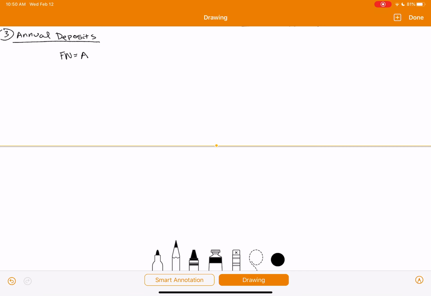So again, you're taking an amount and you're depositing it each year. So every year, a certain amount, A, is being put into this account. And you're going to multiply that by 1 plus your interest, raised to the number of years, minus 1, all over your interest.